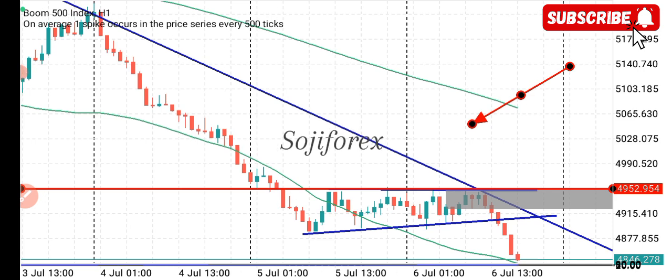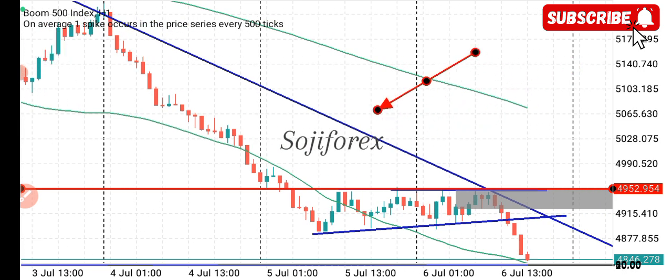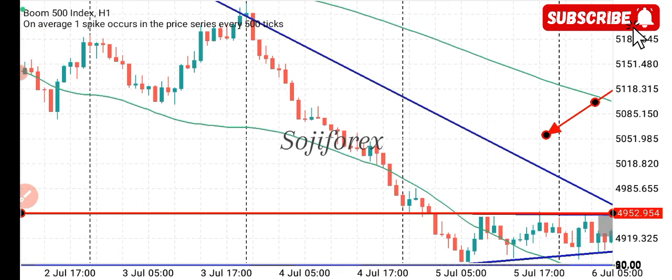Now, what is a candlestick and how do I analyze my candlestick? Every candlestick that forms, I see the candlestick as a fight between a buyer and a seller. What I'm saying in essence is that in every candlestick there is a buying trade and there is as well a selling trade.